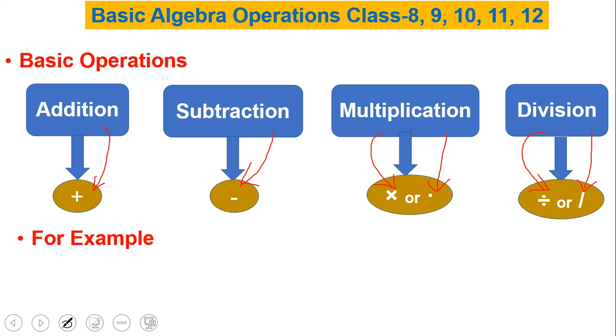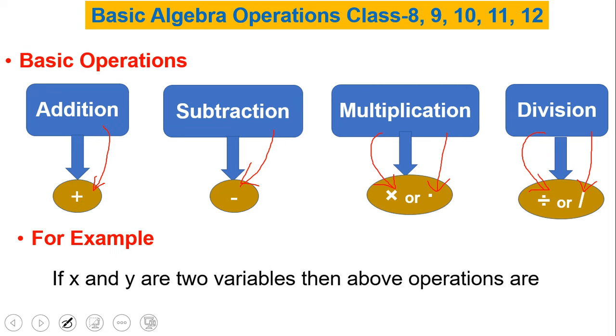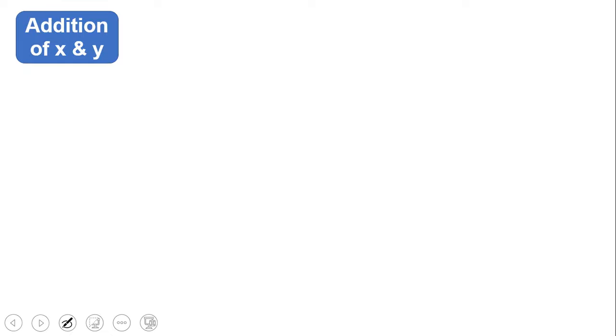Now, we can explain this with the help of variables x and y. So if x and y are two variables, then the above operations can be defined as addition of x and y, that is x plus y.